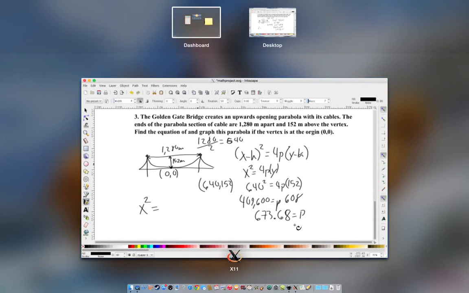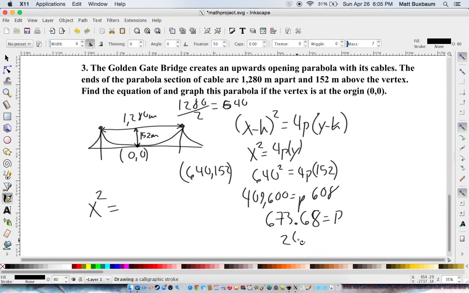So x² = 2694.72y. And that is the equation of our parabola. And I'm going to stop to get all organized so we can graph it.